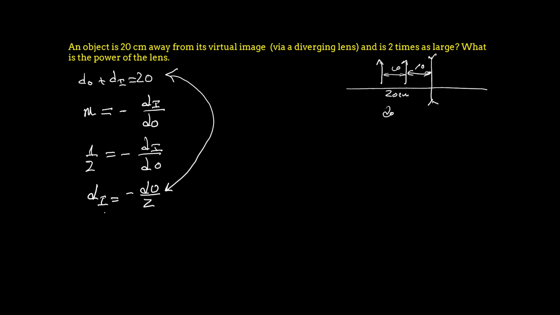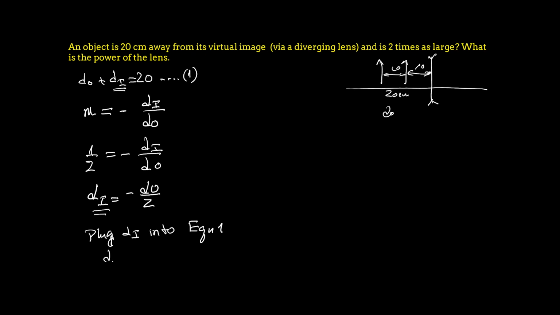So why don't I take this dI that's here, which equals negative dO over 2, and plug it here. Okay? So again, plug dI into, let's call this, the first equation, equation 1, right here.